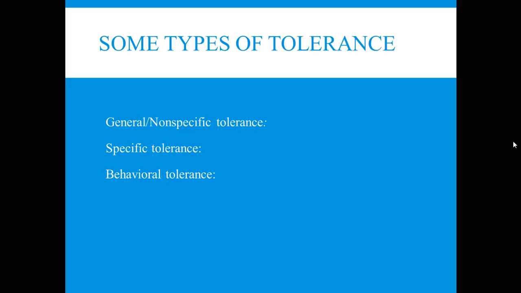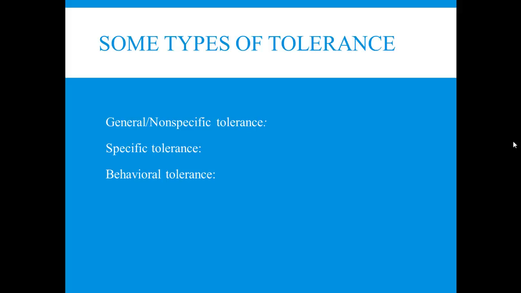When we talk about specific tolerance, we're talking about a type of tolerance that develops to one effect associated with the drug, but the drug still has the ability to produce its other effects. So with specific tolerance, tolerance develops to one specific effect associated with the drug, but it maintains its ability to produce its other effects.